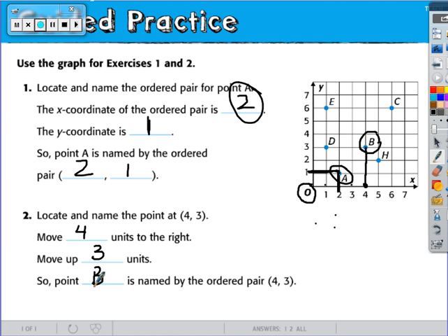This is what you were doing for your homework or your classwork tonight. I know some of you did not have your Unit 1 book, your Volume 1 for your math book. This is all going to be online. So if you need to get your Volume 1 at home and look at this and fill it out, that's fine.